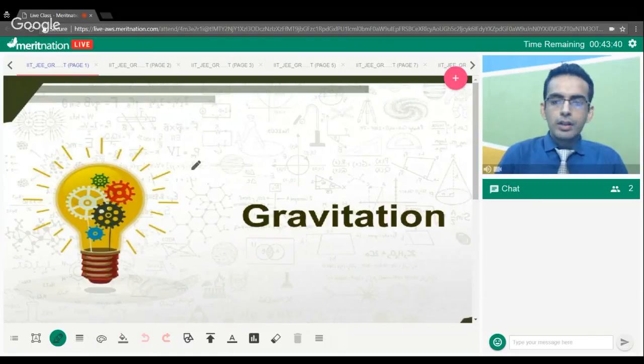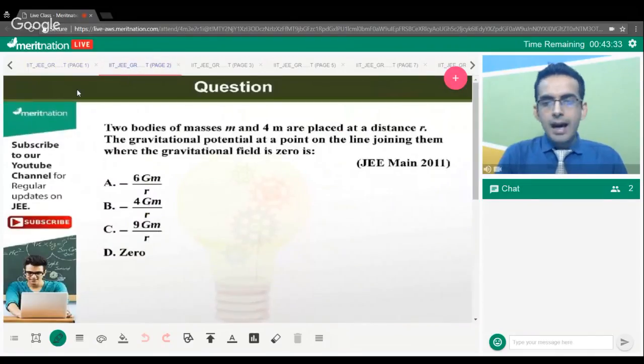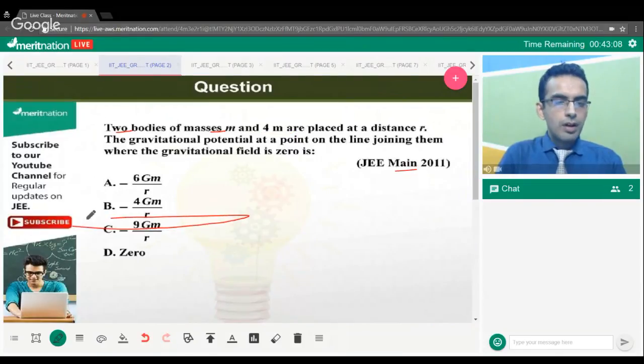So today we're going to talk about gravitation. Let's start with a question, and I'm going to tell you the concept. The question that came in JEE Main 2011 says that two bodies have masses m and 4m and are placed at a distance of small r.